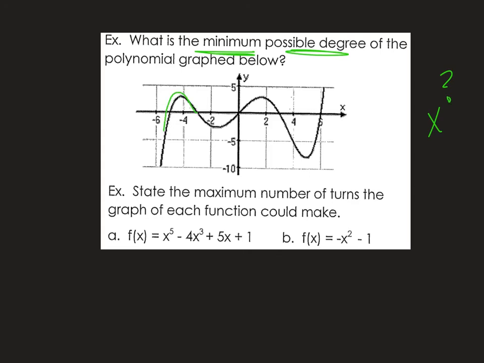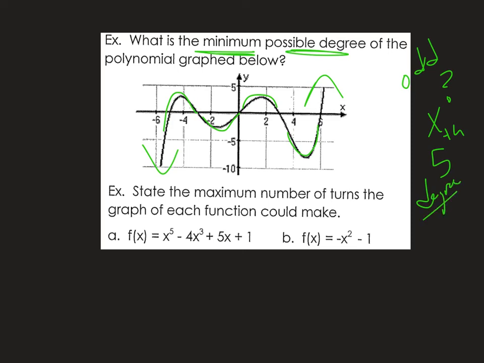Well, I know that I got 1, 2, 3, 4 distinct turns. It exits out on one side down and on the other side up. So I know that that's going to be an odd degree. And with 4 bends, I think the smallest it could be is the 5th. So I think this is a 5th degree.